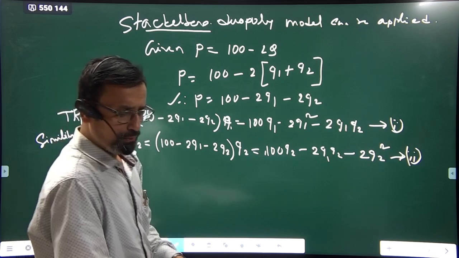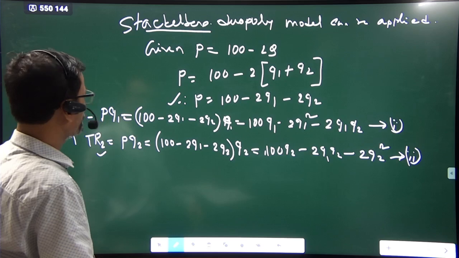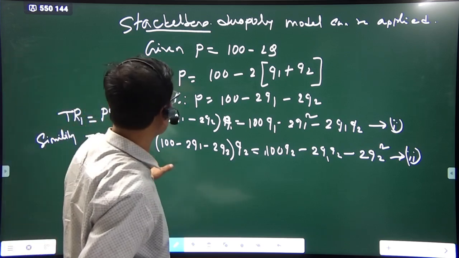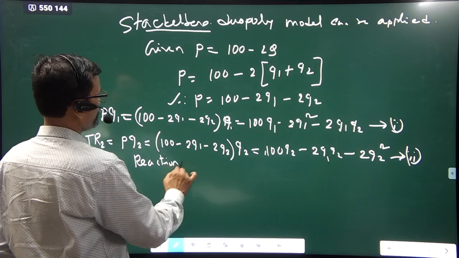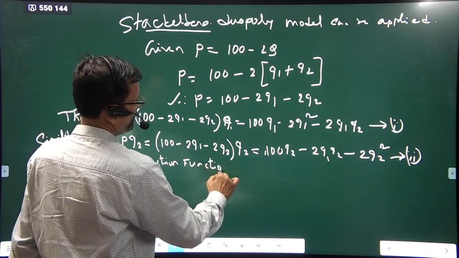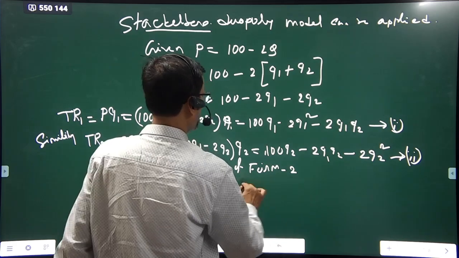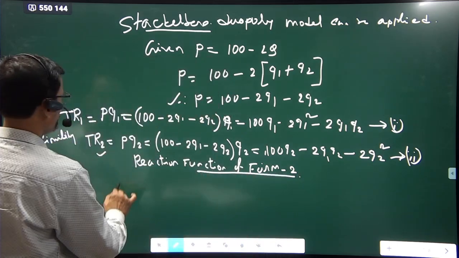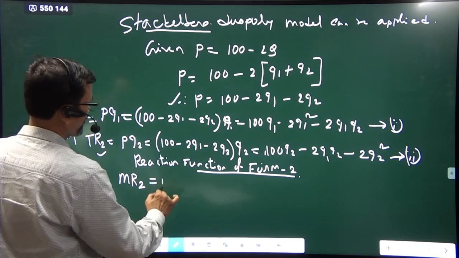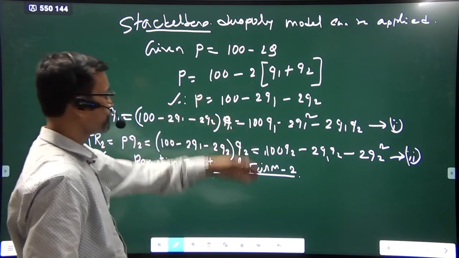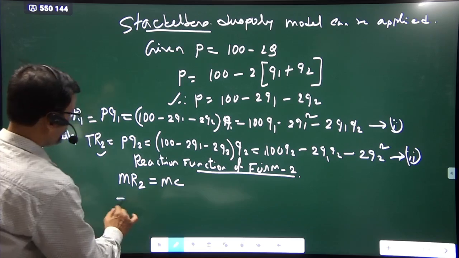Now the reaction curve for firm 2 can be calculated as follows. How can we find out the reaction function of firm 2? Marginal revenue in firm 2 is equal to marginal cost, which is common for all firms.